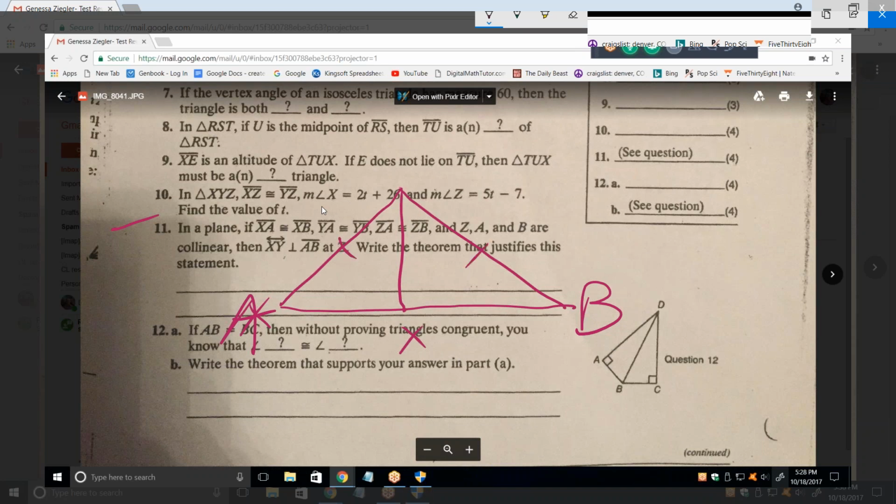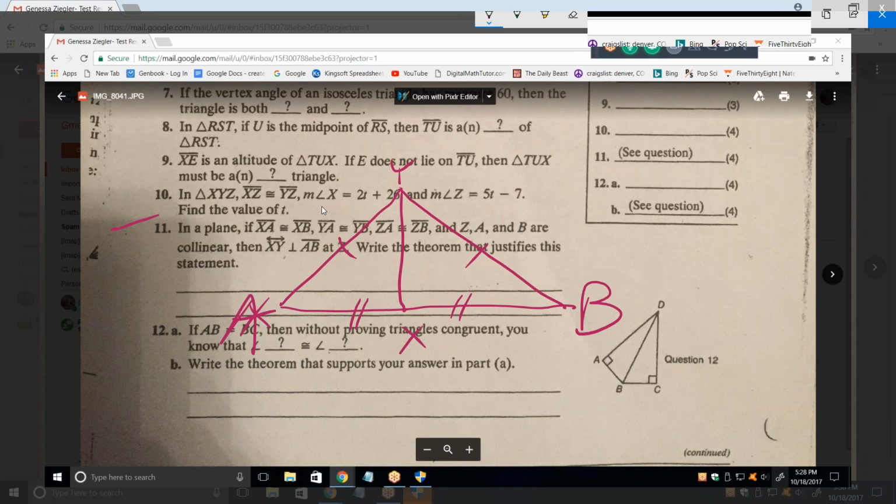So I know that's congruent to that. That's congruent to that. Notice I use double hash marks to distinguish between the single ones. In other words, AX is not the same as AY. I just know that YA is the same as YB, and I know that AX is the same as XB.